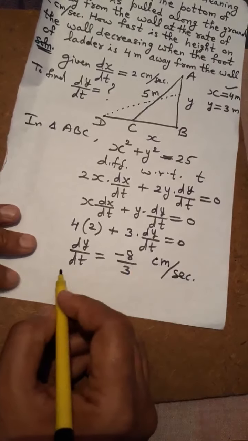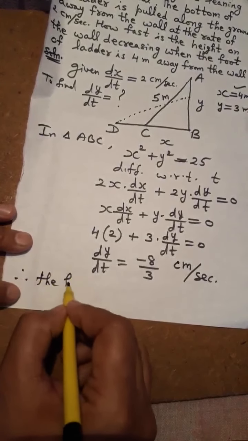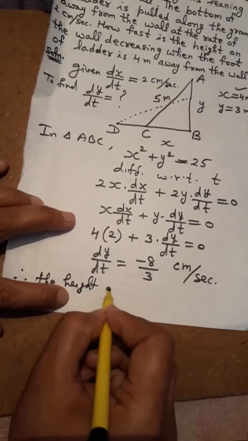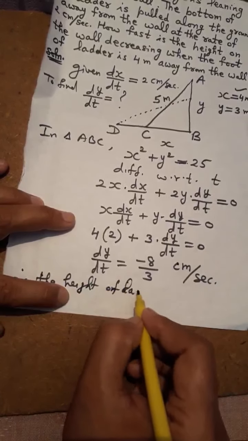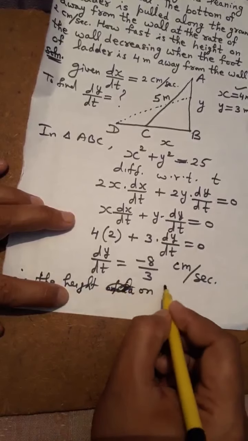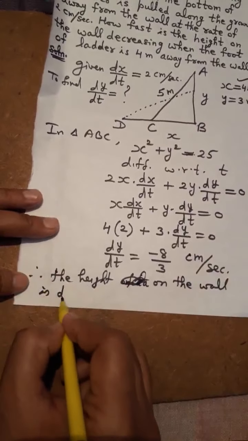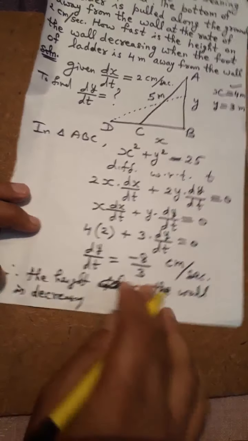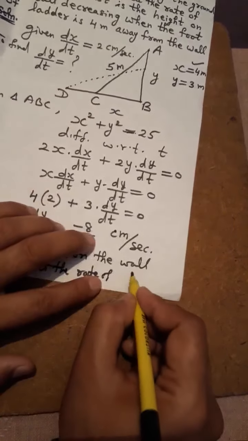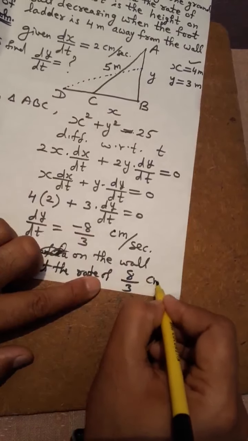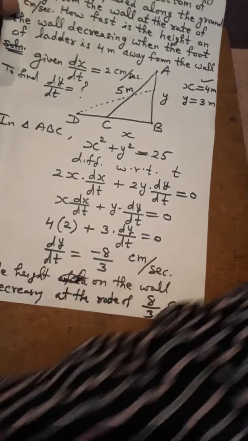Therefore the height on the wall is decreasing at the rate of 8 by 3 centimeter per second. So this is the right answer, right?